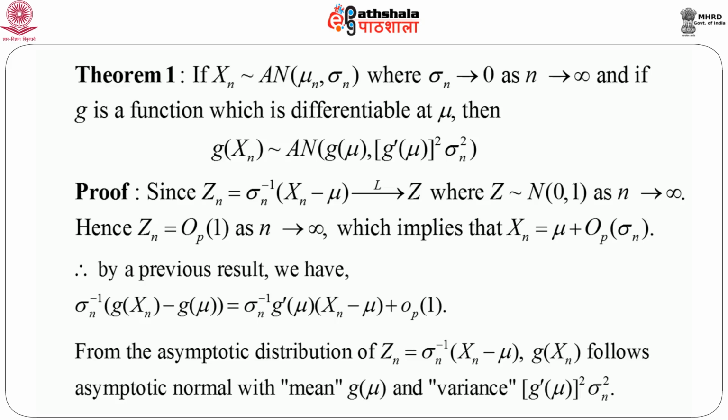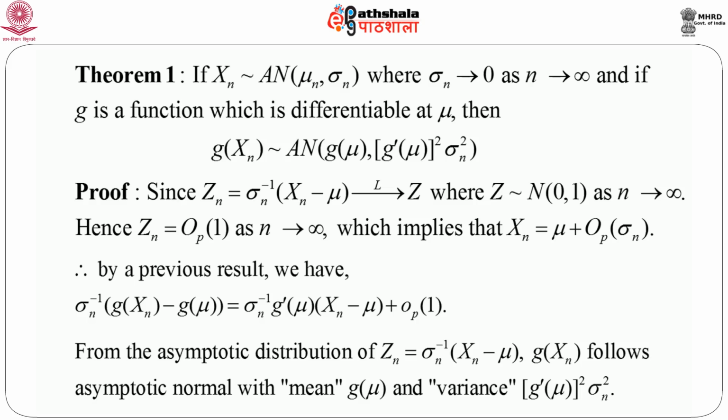So the interesting thing is that the mean function is very simple, just replace Xn by the corresponding expectations, or mu, the parameters. But the variance function is also not very complicated, except that it involves only the first derivative of g function at mu.